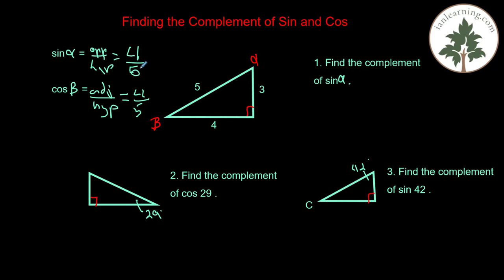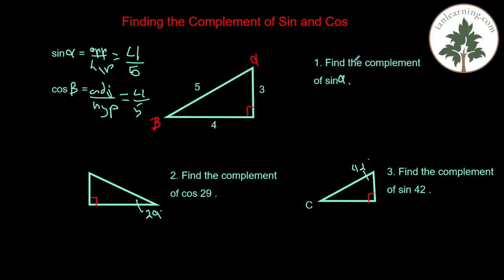So what we see here is that the ratio for sine of alpha, sine of this angle, is 4 over 5, and cosine of beta, cosine of this angle, is also 4 over 5. So sine of alpha equals cosine of beta, and that's important to remember.